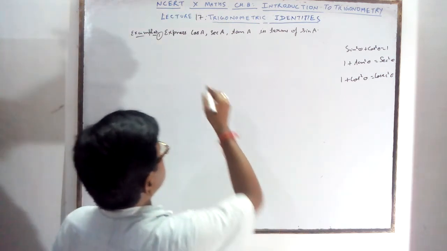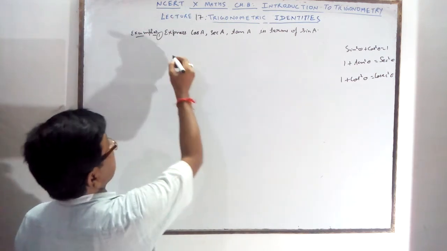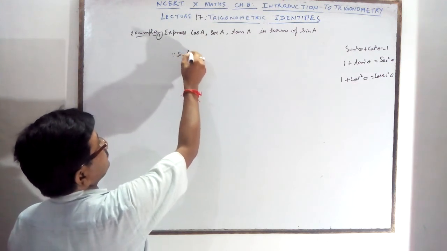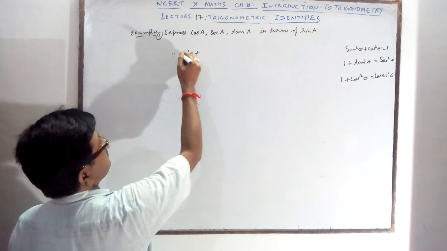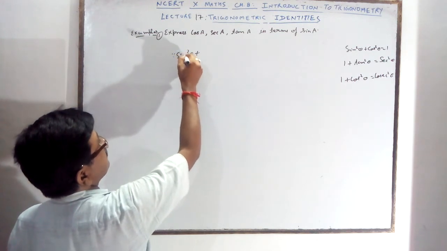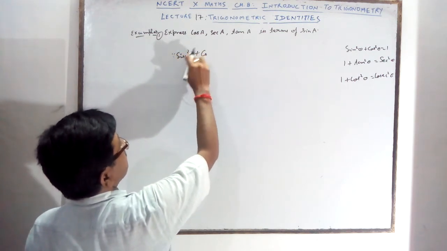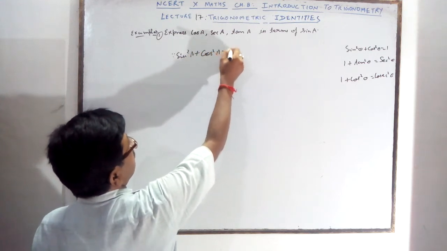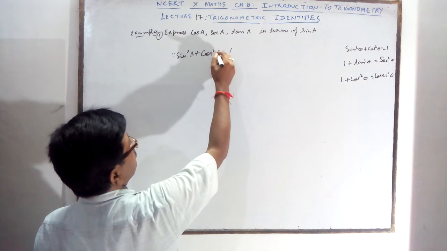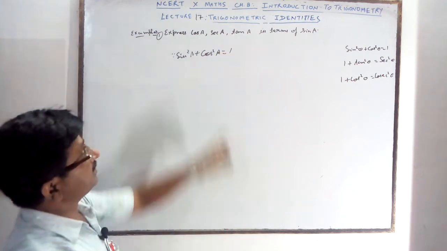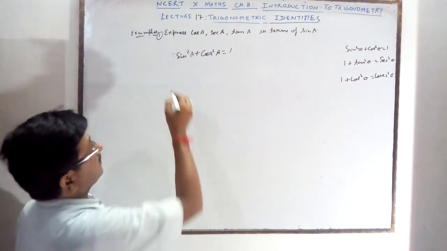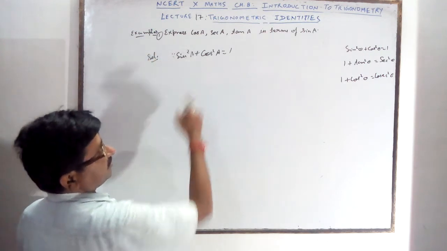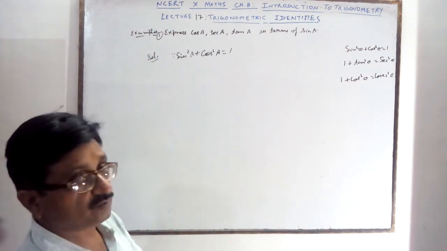For cos A, first of all you want cos and sin, so we use sin square A plus cos square A is equal to 1. I am not using theta here, no need. Any angle you can use; here it is A, so A.